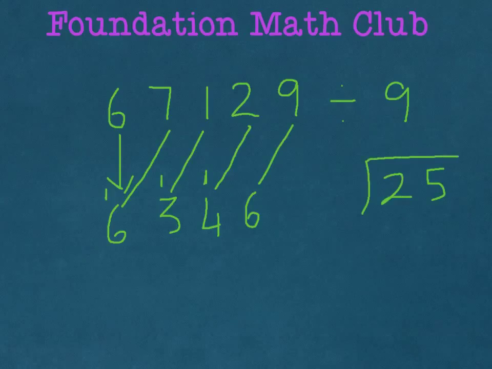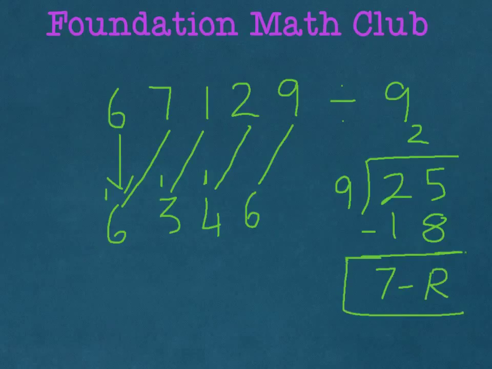So 25 divided by 9. 9 times 2 is 18. On subtracting, we get 7, which becomes a remainder since it's less than 9. So we cannot carry on further. So 7 is a remainder. What about this 2? This 2 goes as a carryover just above 6.